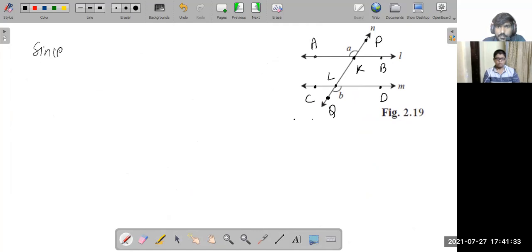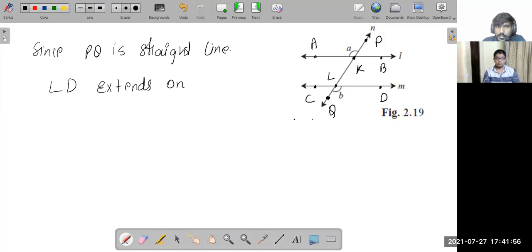Since PQ is a straight line, and LD extends on the other side. Okay, PQ is a straight line, LD extends on it.